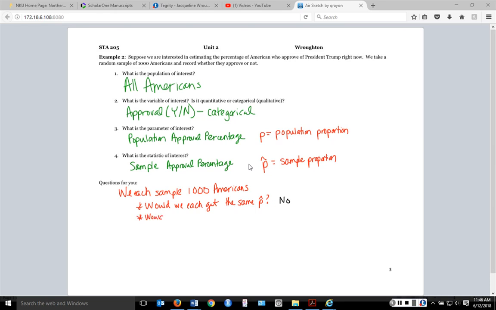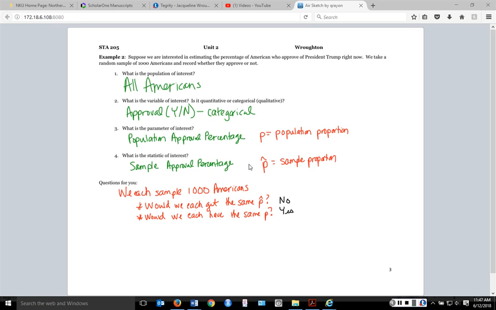Second question is, would we each have the same P? So would we all have the same population proportion? Well, technically yes. We're all trying to get at that population approval percentage, but because we're taking different samples, we can get different values.